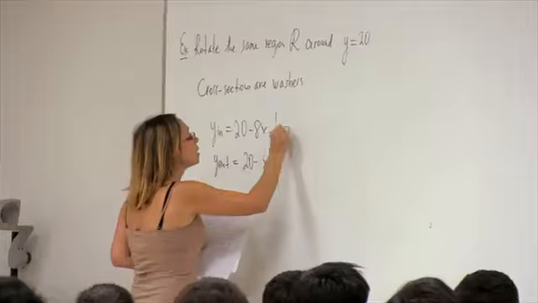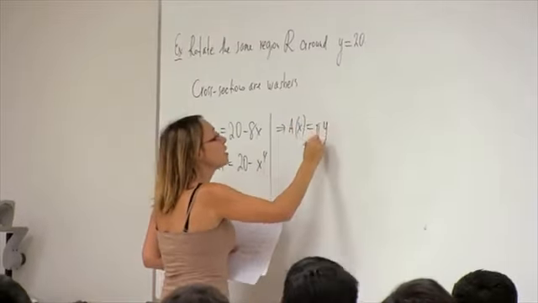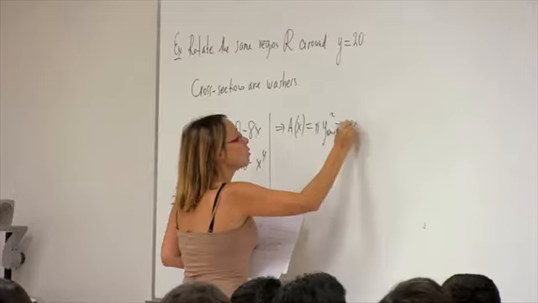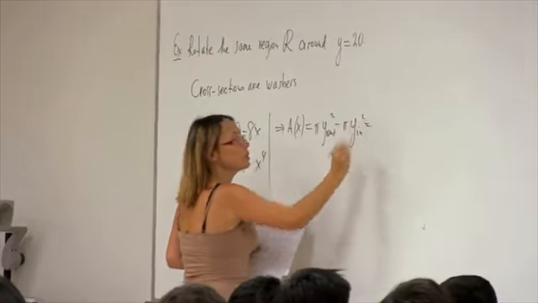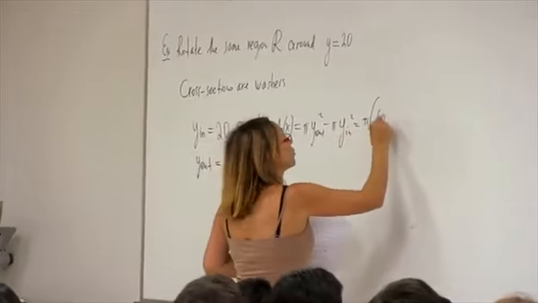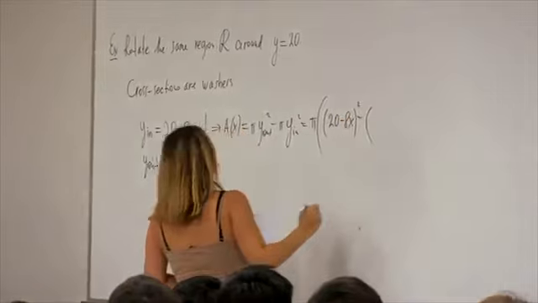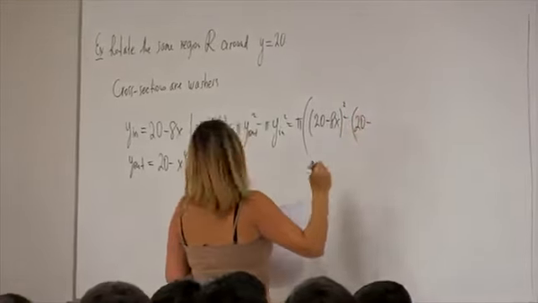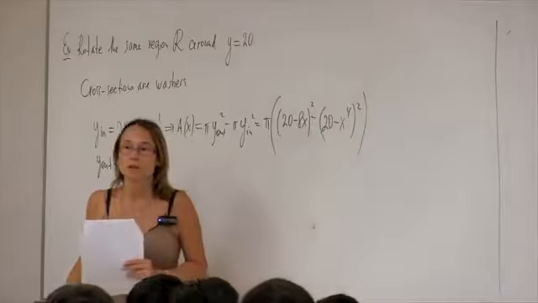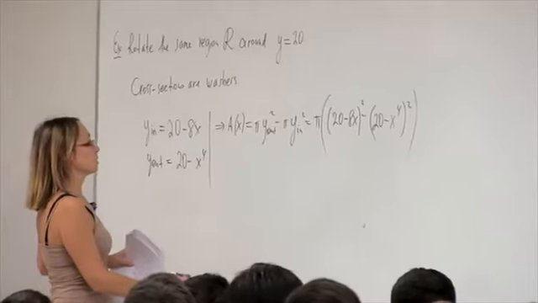So now the area of the cross section is pi y out squared minus pi y in squared. Okay? So pi, and I go 20 minus 8x squared minus 20 minus x to the fourth squared. Your 8x is your inside radius.